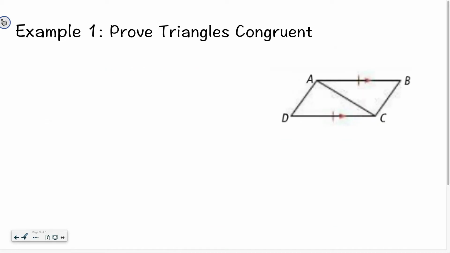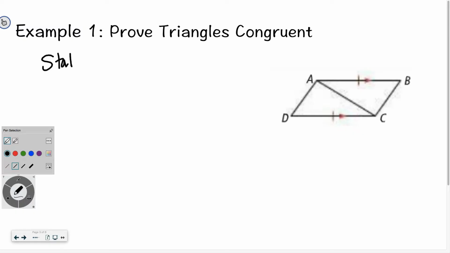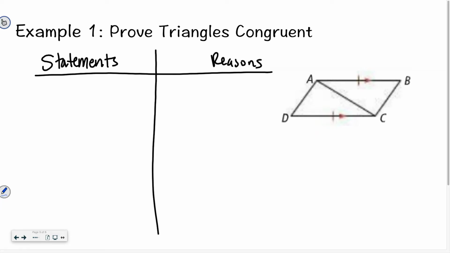All right, so let's do a proof. We want to prove that these two triangles are congruent. So I'm going to do a two-column proof. And with this two-column proof, I need to start with the given information. If I look at the picture, I can see that DC is congruent to AB.